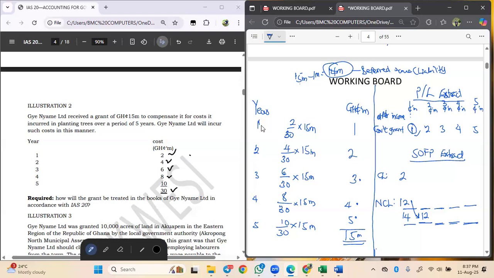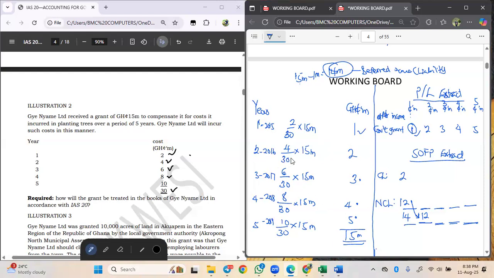Let me use the actual years. So here is 2015. Example, 2016. Here is 2017. Here is 2018. Here is 2019.